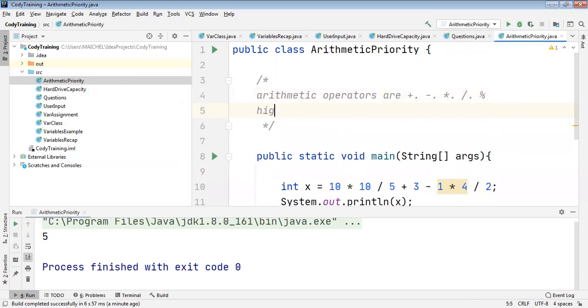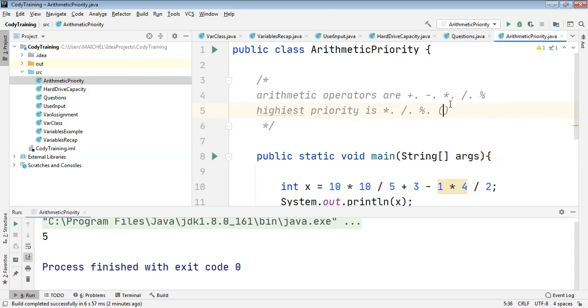So I want you to know that the highest priority is for multiplication, division, modulus, and also if we have parentheses.